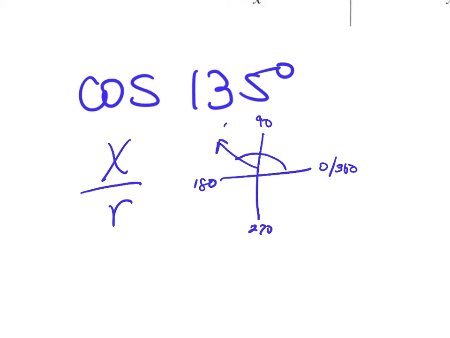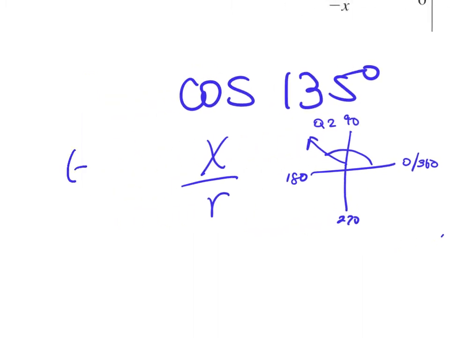What do you know about the signs of x and y in quadrant 2? X is negative, y is positive. That means your x value is negative, and your y value is positive, right? Does everybody understand that?